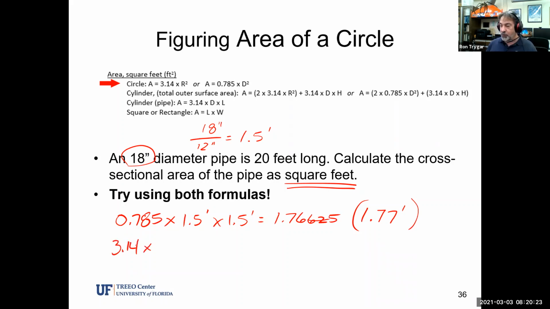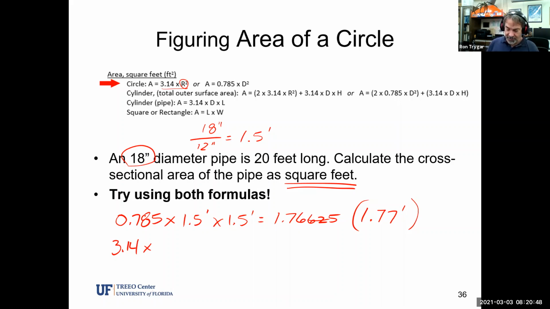So 3.14 multiplied by what? Now the question gave me diameter, and I need it to be in radius because remember 3.14 goes with the R. So we need this diameter actually to be cut in half. We can't use the 1.5. So how do we convert 1.5 into halves?